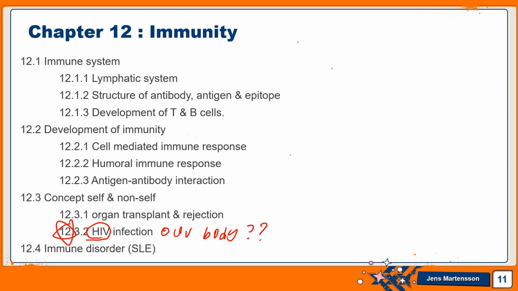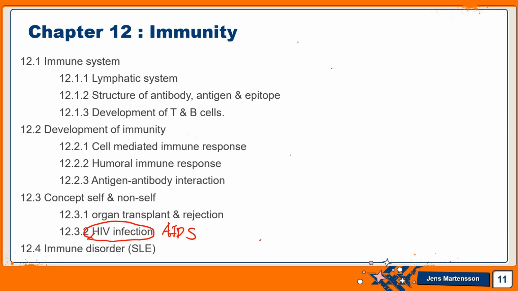This one you have never learned before, but it is interesting. You can see YouTube also, if you are interested. How the HIV virus infects our body, and then how it affects our body immune system. Because HIV infection normally leads to AIDS.